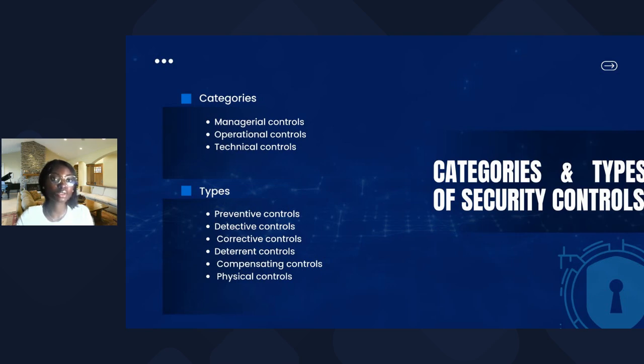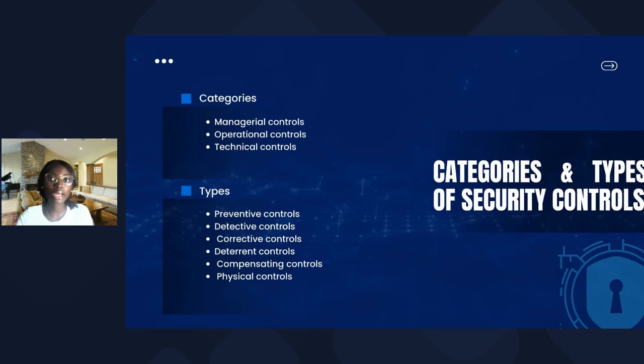To simplify, a category is just a broad grouping of security controls, and it defines the overall approach of security control as a whole. They are categorized based on how they should be implemented, right?